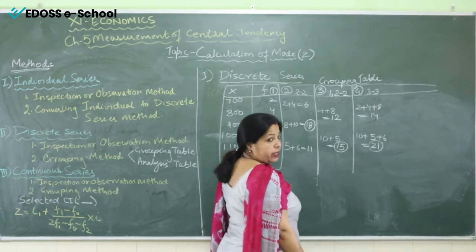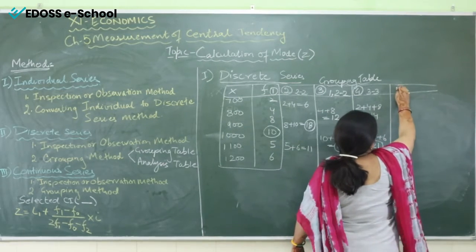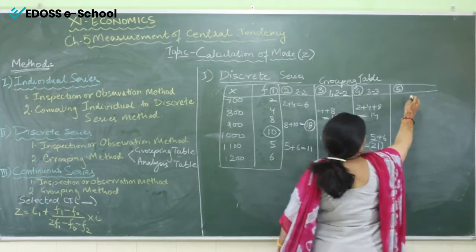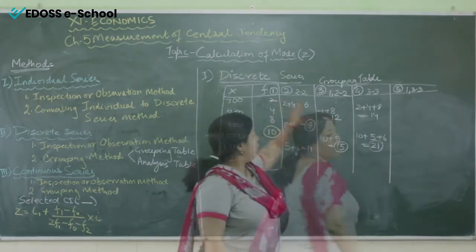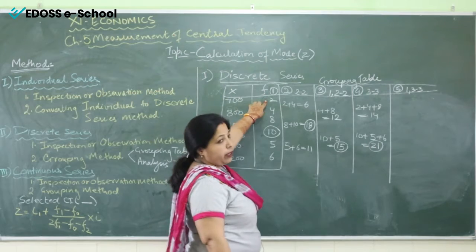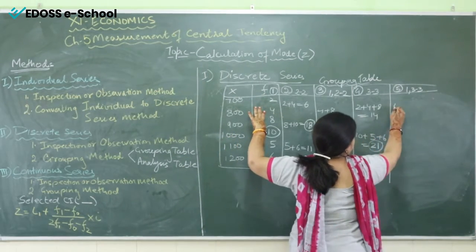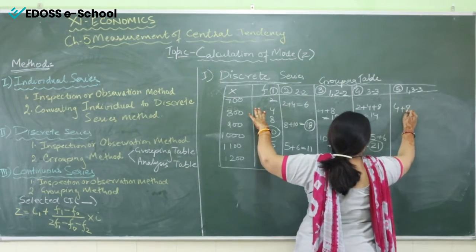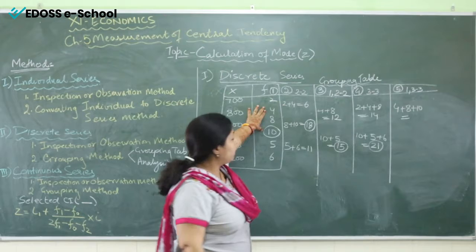Now what we are going to do is, we are going to take the fifth column, and in fifth column we are going to leave one number and add 3. So here we are going to leave one number and we will add 3. So numbers are 4 plus 8 plus 10 is equal to, we have taken 3 numbers.